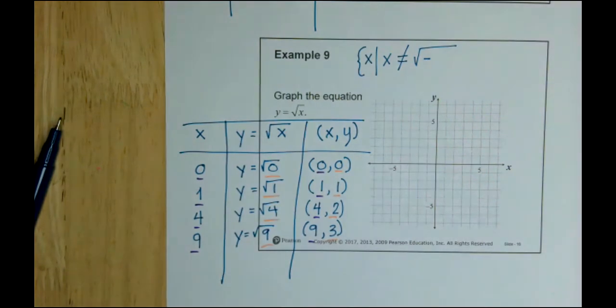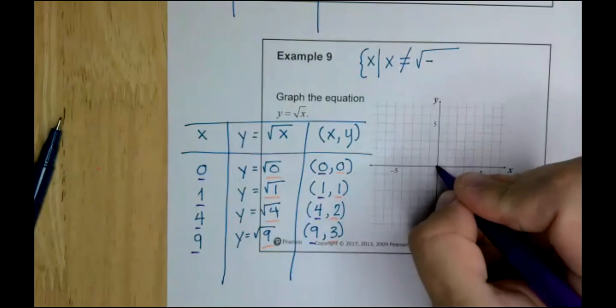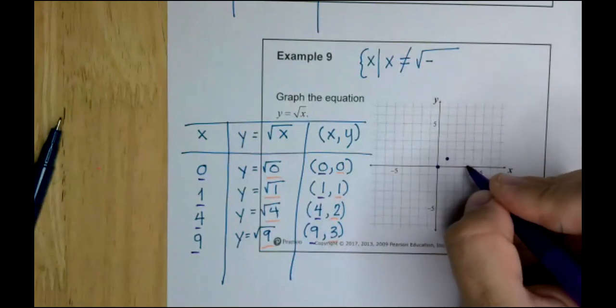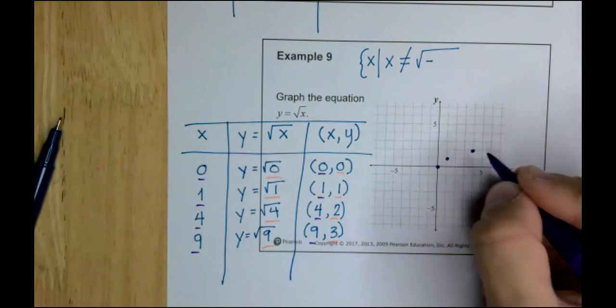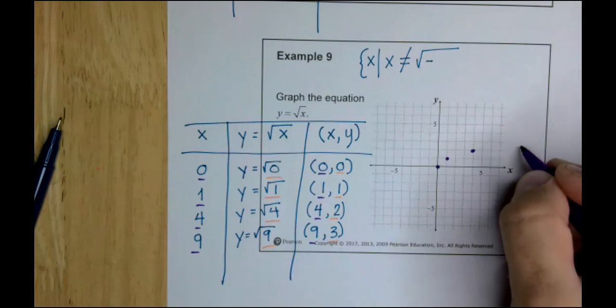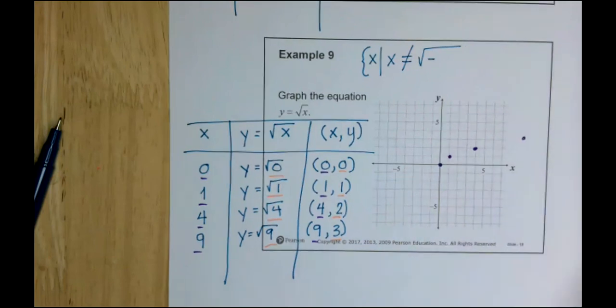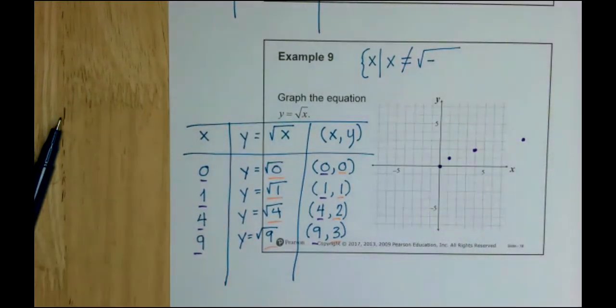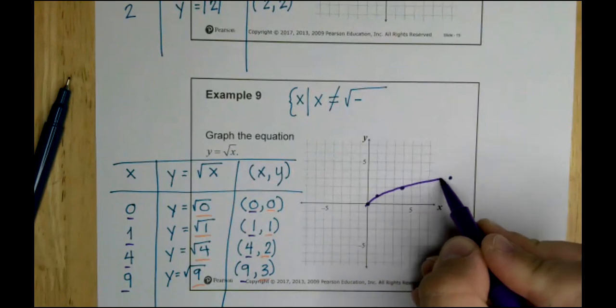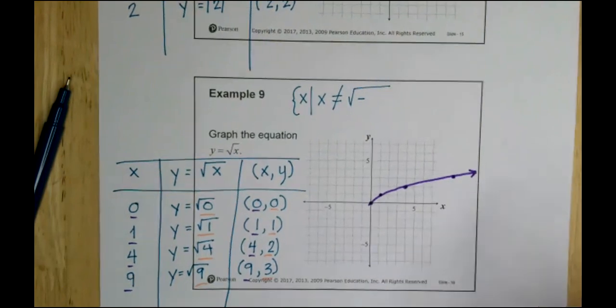Okay, and we will graph it. 0, 0, 1, 1, 4, 2, 9, 3. That's not linear, that's a curve. So you cannot use a ruler to graph that.